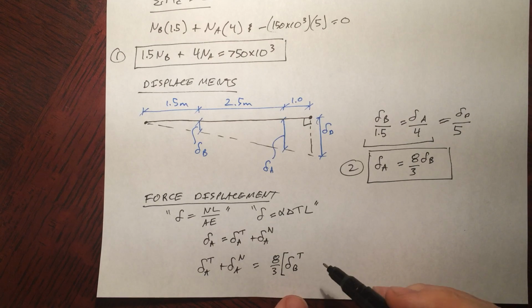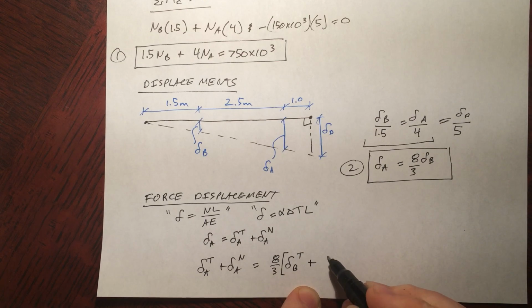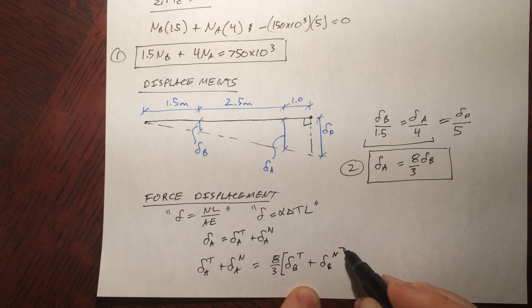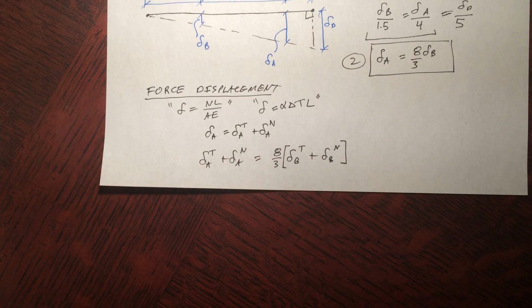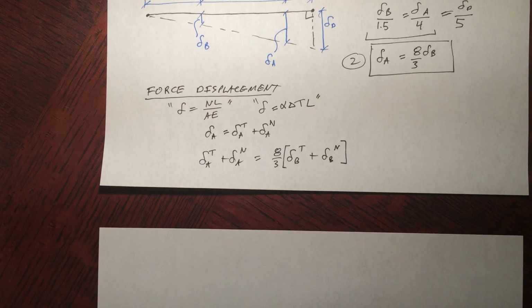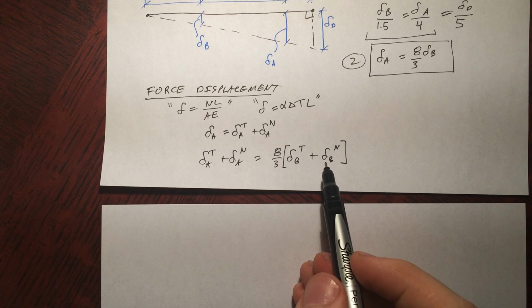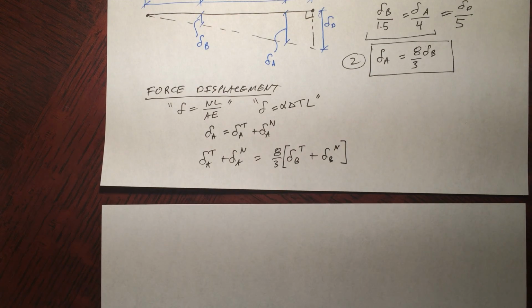So we're going to have a displacement because of that. And of course there's going to be a force in there as well. Just like that. This is really the only new part of this question compared to questions you've seen before, is you need to include this thermal part in your displacement equations here.